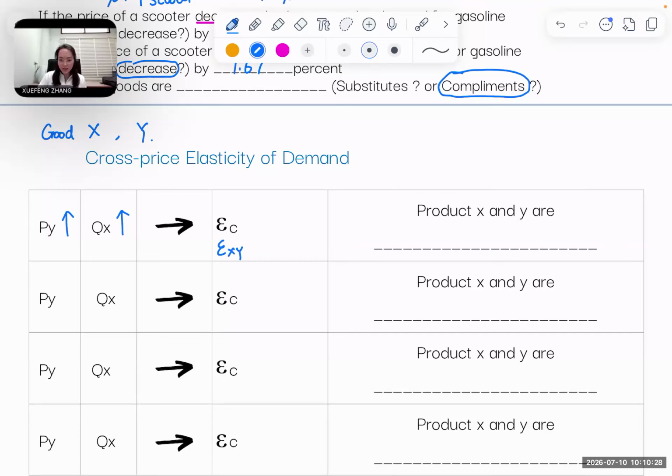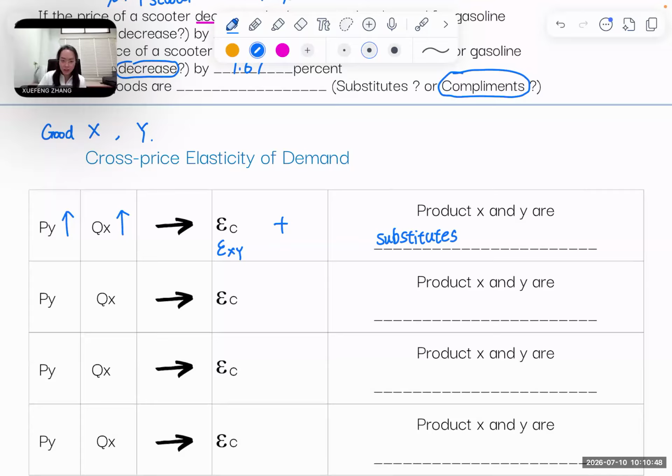So in this case, the epsilon C is positive, which means they are substitutes. Okay, I told you before, Starbucks or Cafe Amazon.